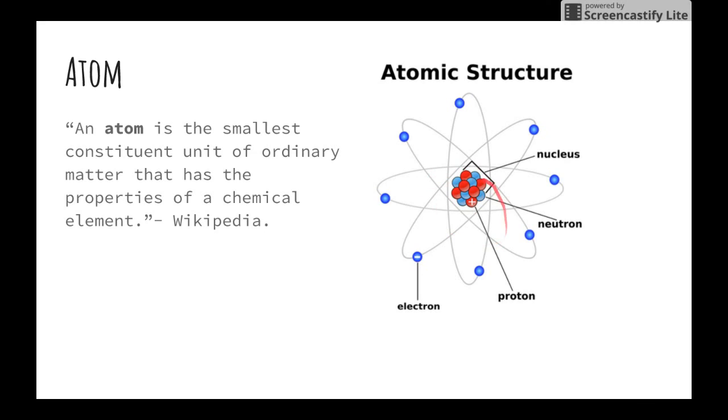The nucleus consists of protons, positively charged particles, and neutrons, which don't have any charge. The second region is the so-called cloud of mass, which are electrons.